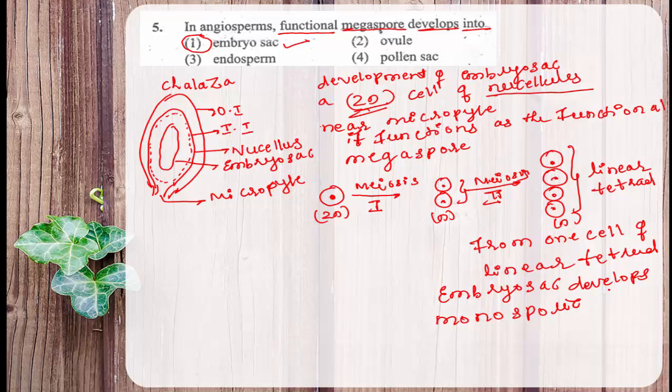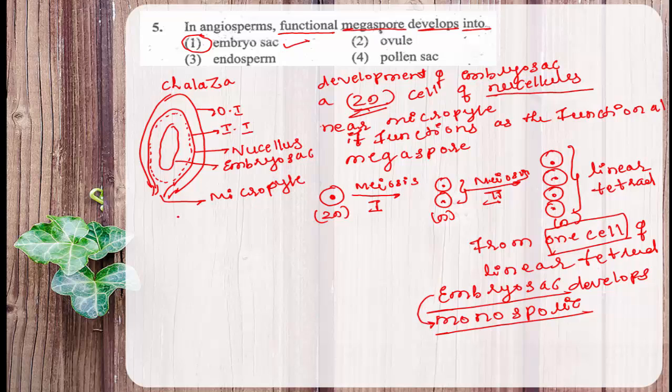This embryo sac is called monosporic embryo sac, because the embryo sac is developing from how many cells? Only one cell. Actually there are 4 haploid cells. Among the 4 haploid cells, 3 will degenerate, that means they are further removed. From only one cell the embryo sac develops. Such embryo sac is called monosporic embryo sac. Therefore the functional megaspore finally develops into embryo sac.